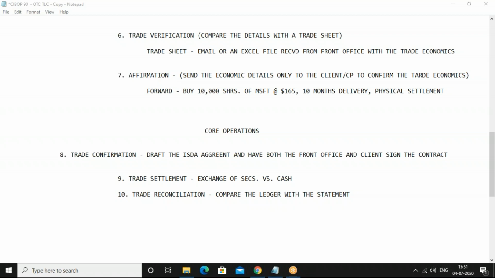If it is yes, the affirmation team will send the details to the confirmation team. Because the trade economics are correct, will it now be easy to create an ISDA agreement? Exactly. And if the details in the agreement are correct, won't the client sign it and the front office person also sign it?